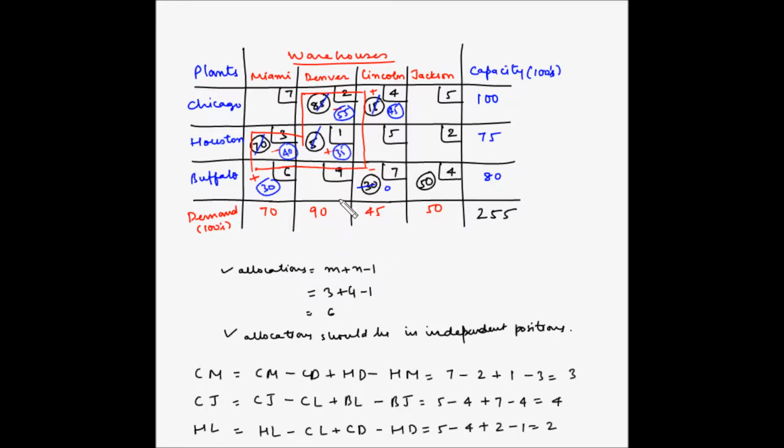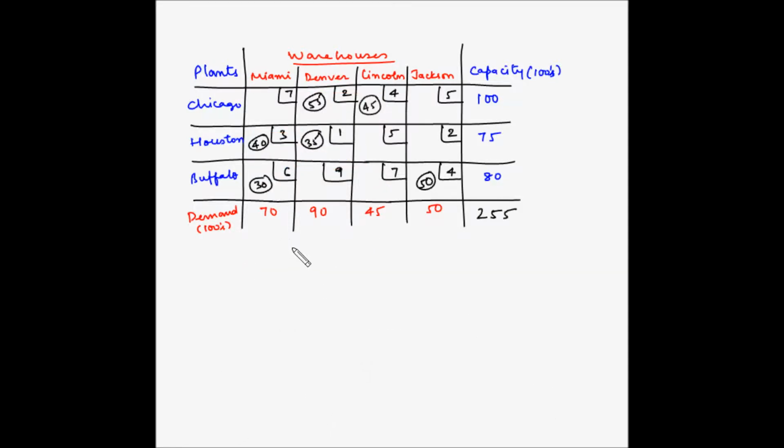So let's find out if this improved solution is now the optimal solution or not. So this is the improved solution that we obtained after the first iteration. Let's first find out the total cost. So the total cost of transportation will be equal to the unit cost of transporting per case multiplied by the number of units being transported.